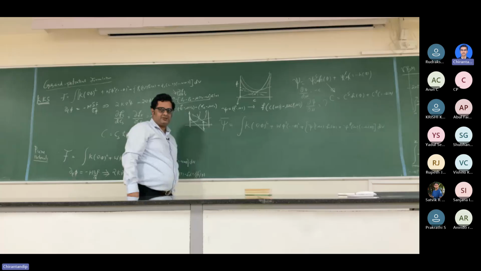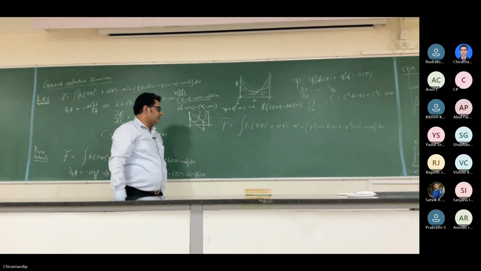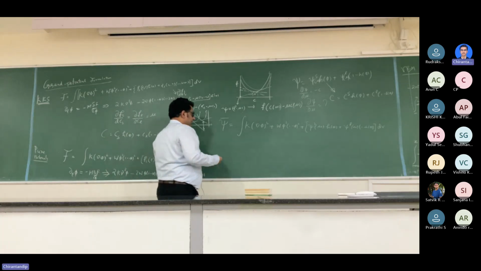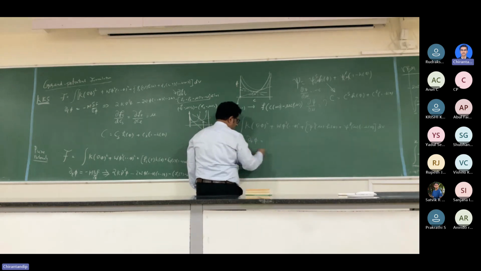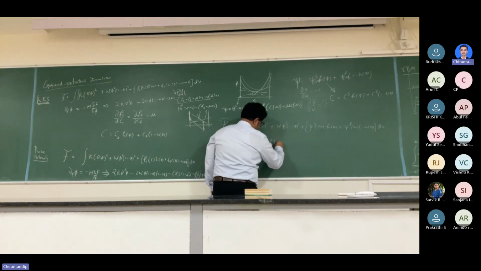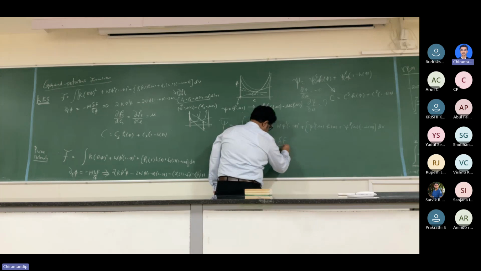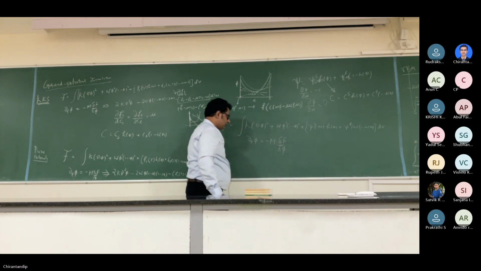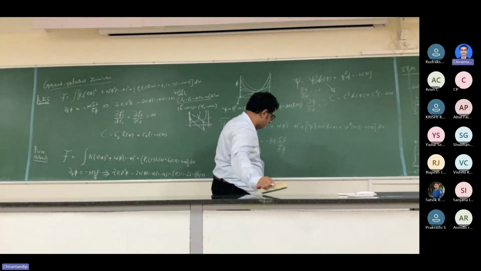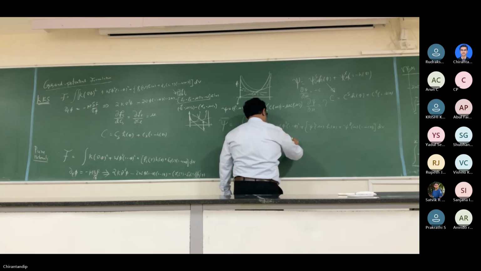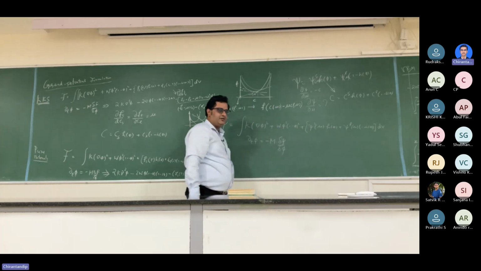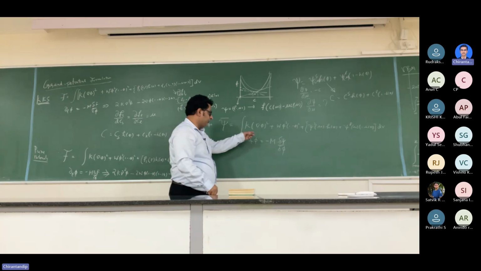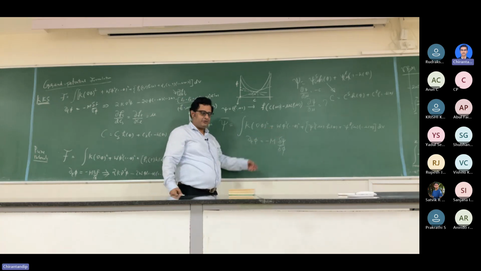Okay, this is what I want to do. And my evolution equation for phi is going to be dot f of this. So if you do a variation derivative of this, what do you get?